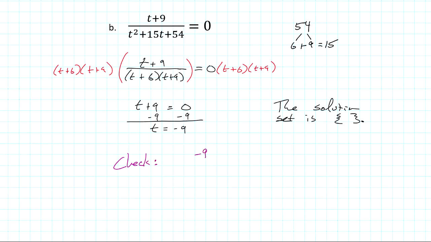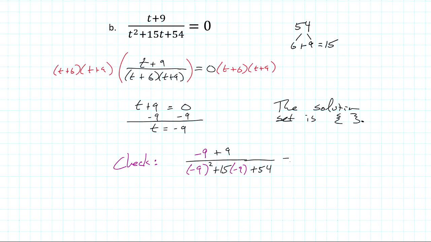If I plug in a negative 9 into that original equation, negative 9 plus 9 on top over negative 9 squared plus 15 times negative 9 plus 54.